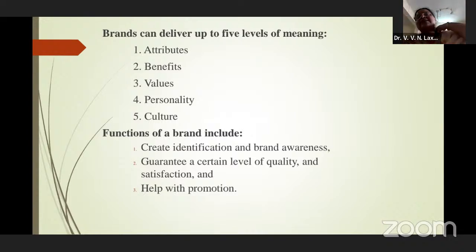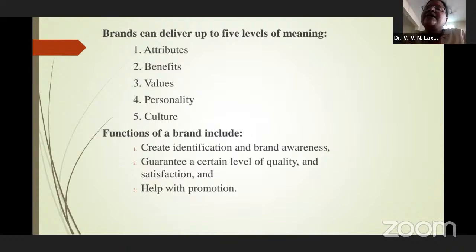Now let us try to understand what the functions of a brand are. There are basically 3 functions, or 3 benefits, or 3 purposes, or 3 goals. Brand name will create identification and awareness about the product.